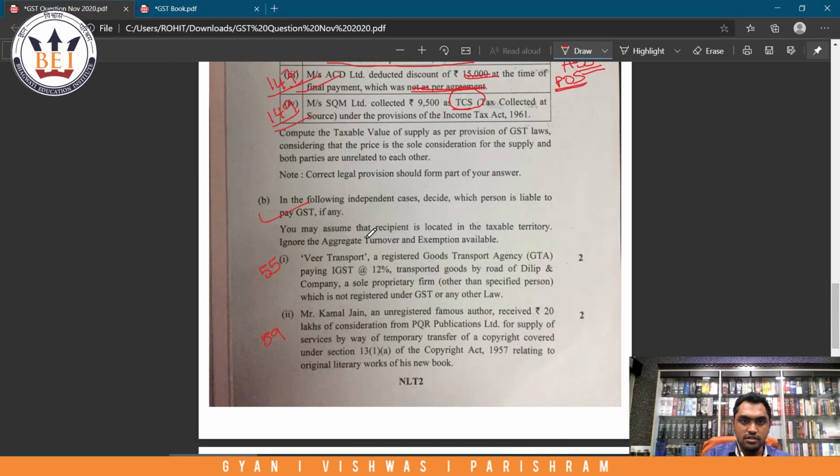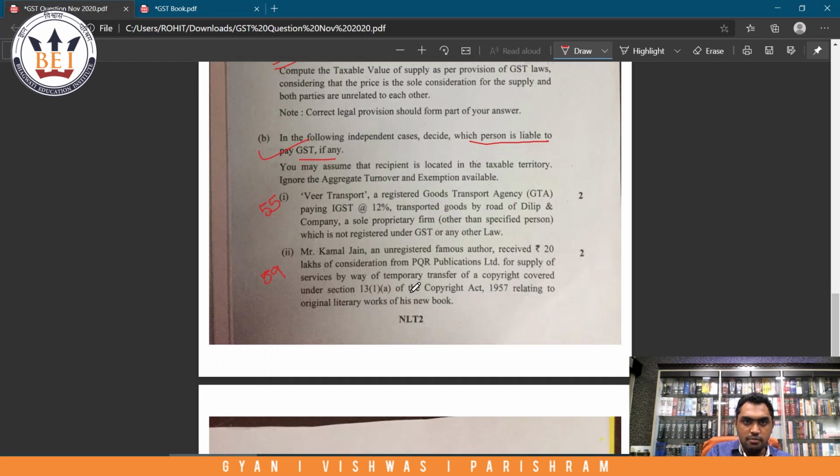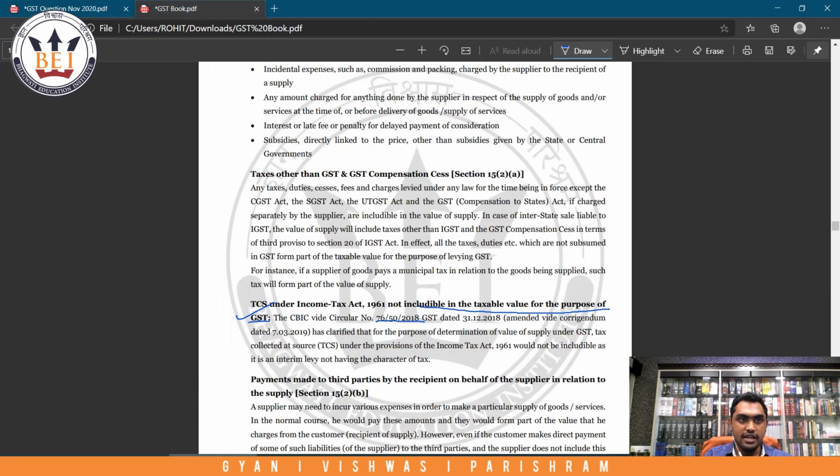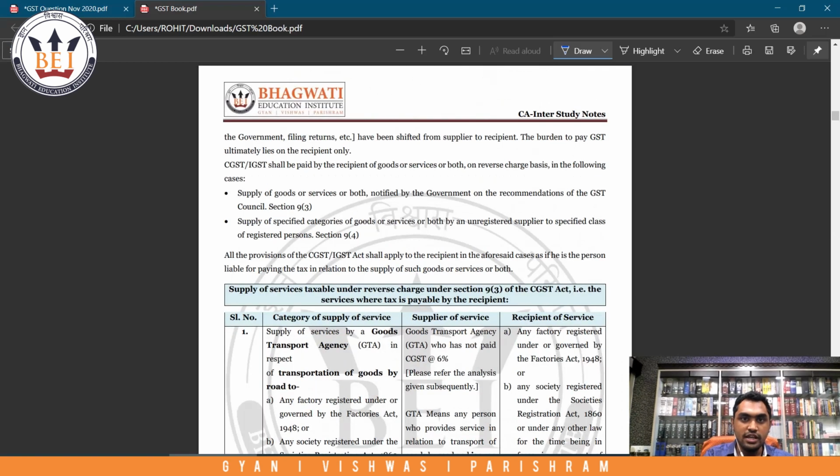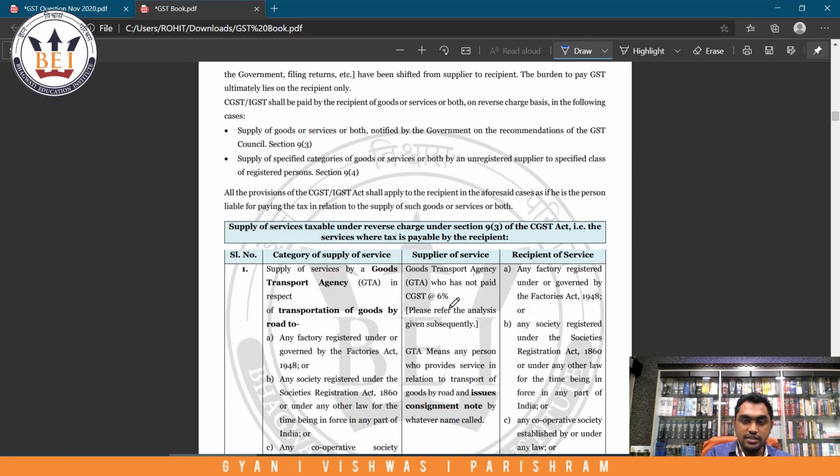Then third. They say, in the following independent cases, which person is liable to pay GST? You may assume. So let us see who is liable to pay. Veer Transport is paying IGST at the rate of 12% and he is a registered goods transport agency. I hope you remember that in RCM only that goods transport agency will fall which has not paid CGST at the rate of 6%.